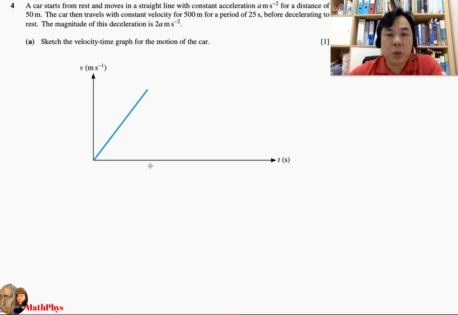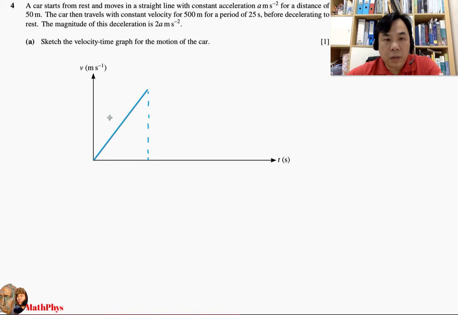We are not very sure of the time, sorry, but we know that the area under this line, so just let me roughly mark it here, the area under this triangle represents 50 meters, and the gradient of this graph represents a meter per second.